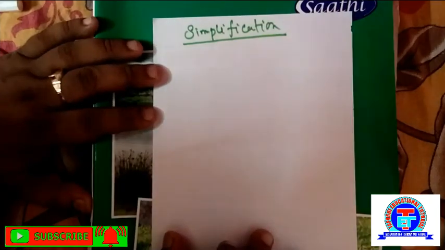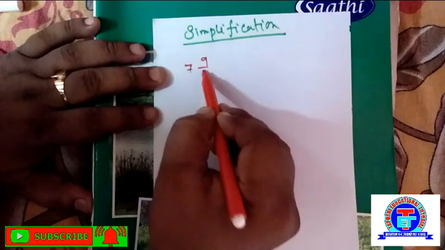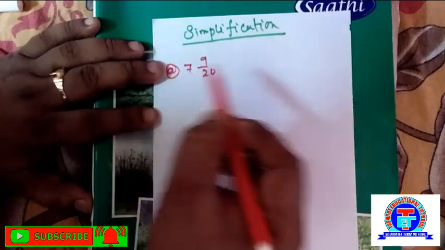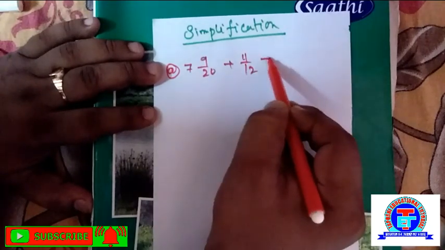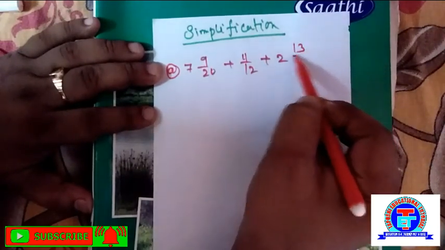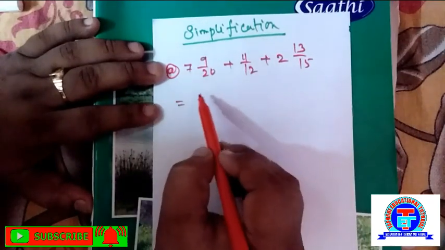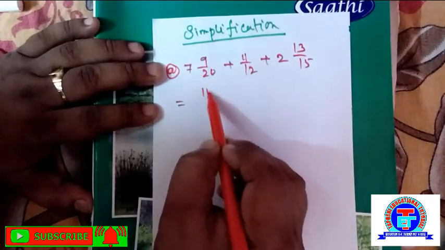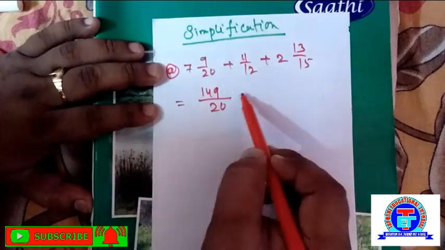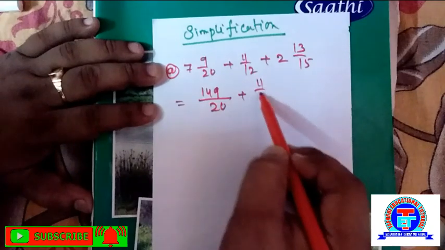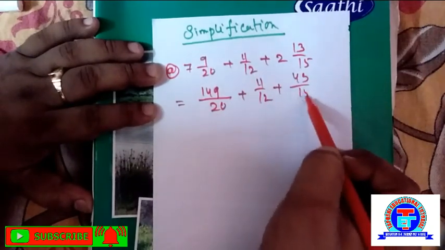The given problem is 7 whole 9 by 20 plus 11 by 12 plus 2 whole 13 by 15. Now the mixed fractions are converted to improper fractions. This one 149 by 20 plus 11 by 12 plus 43 by 15.